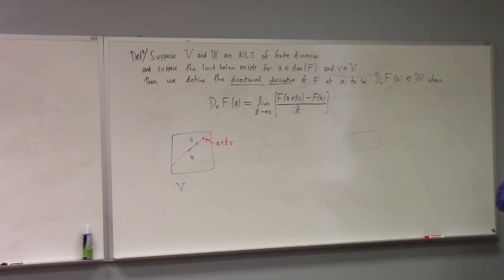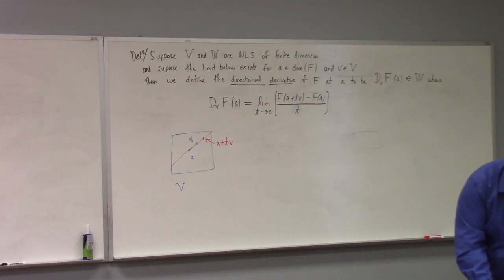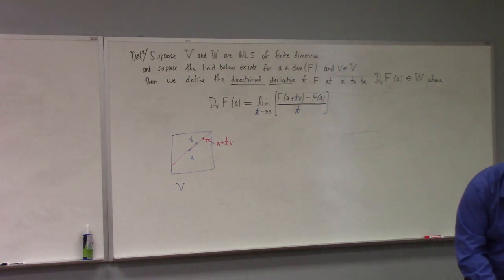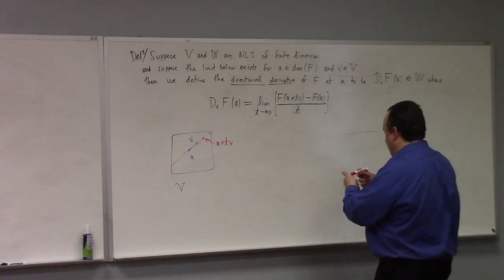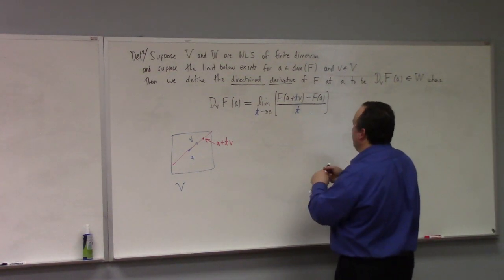There's another way you could write the formula. Well, I guess I don't have this in the notes, but this could be written in terms of a derivative. What would this be in terms of derivatives?